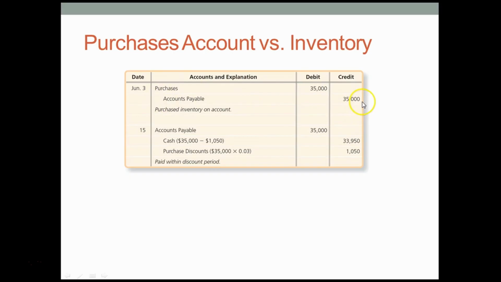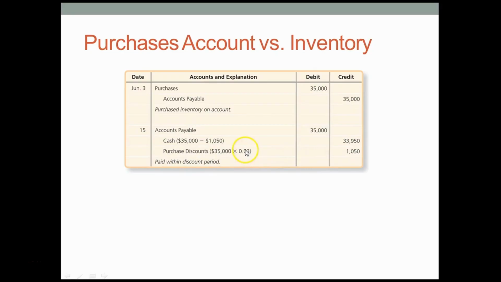Your accounts payable will increase because you're buying inventory on account, and then when you pay for it, it's very similar to what we've learned in the past where you reduce your accounts payable, you pay cash, and if you've earned a discount, you credit purchase discounts, which is actually another account that is part of this periodic system.